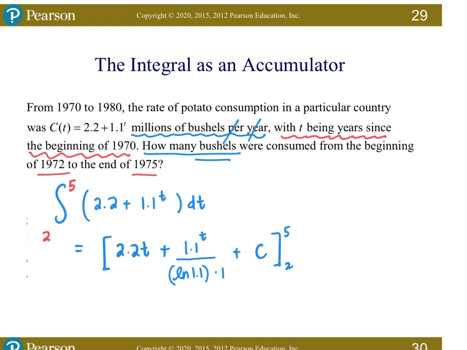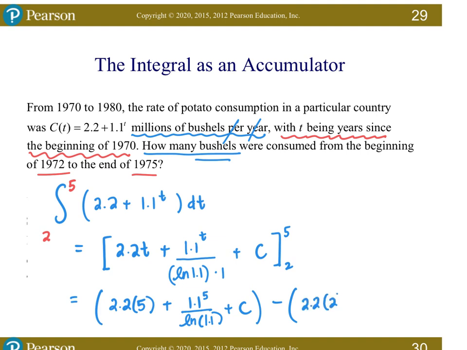So now we'll plug in the number 5. So this would be 2.2 times 5 plus 1.1 to the 5th over the ln of 1.1 plus c, minus, and then 2.2 times 2 plus 1.1 squared over the natural log of 1.1 plus c.